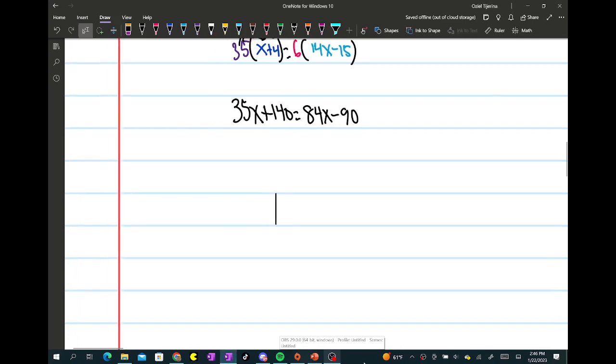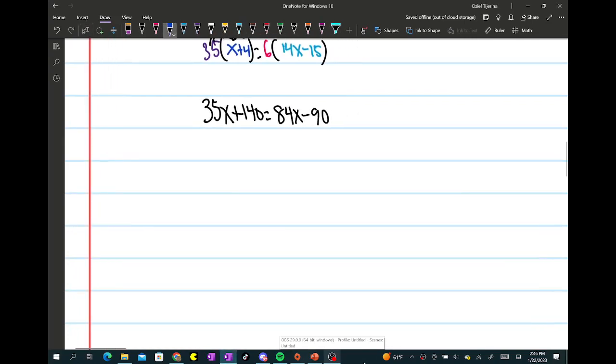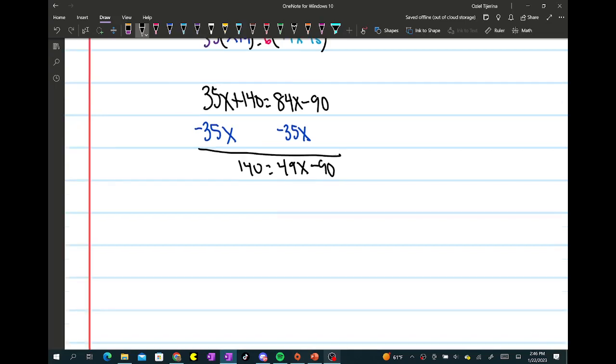Okay, so then we can subtract 35x on both sides, because we want to isolate the x variable. So now this becomes 35x minus 35x on both sides. We get 140 is equal to, and 84 minus 35 is 49x. So we have 49x minus 90.